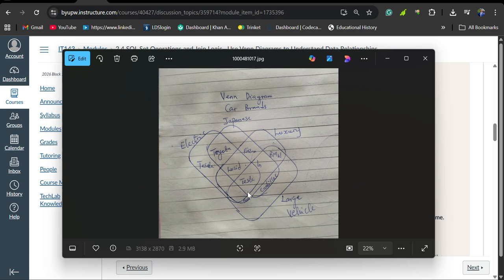Now if we also want to consider the inner joint in all the four sets, we have the Tesla. The Tesla is the inner joint of the four sets.